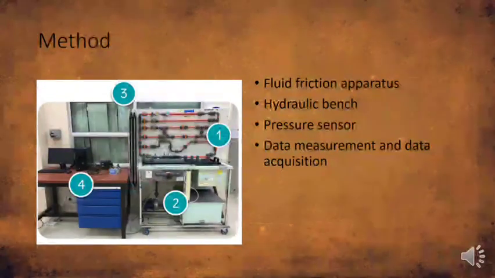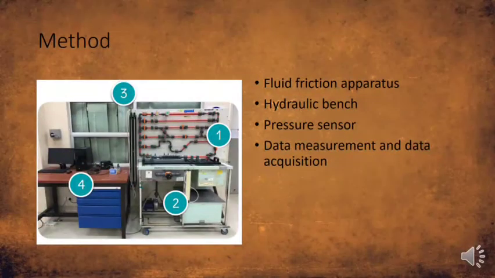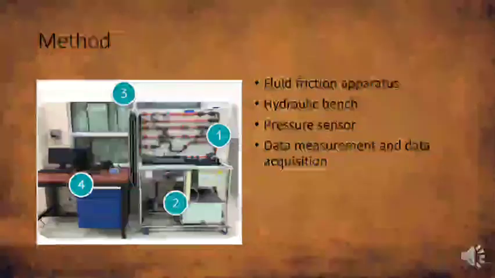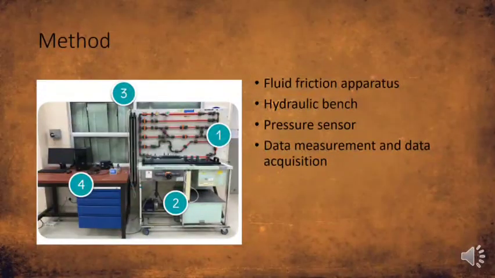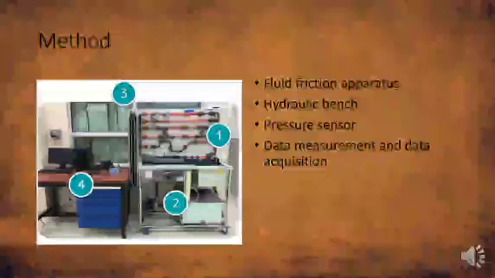Then we put up the pressure sensors. This is the pressure sensor. One is put on the small pipe, and another sensor we put on the bigger pipe. So it will indicate on the indicator here, so we can take the reading.